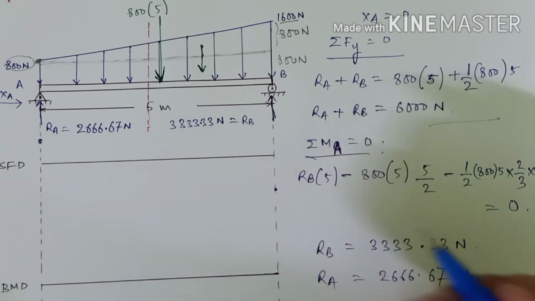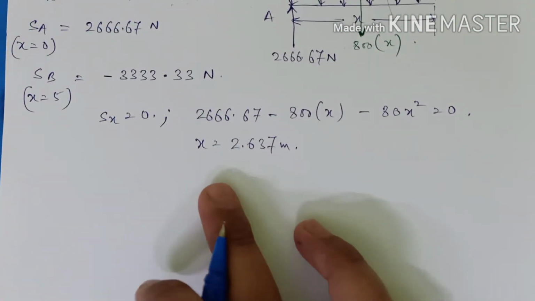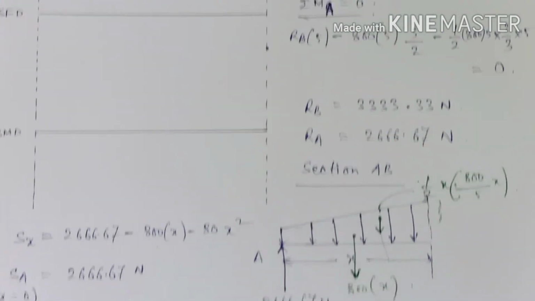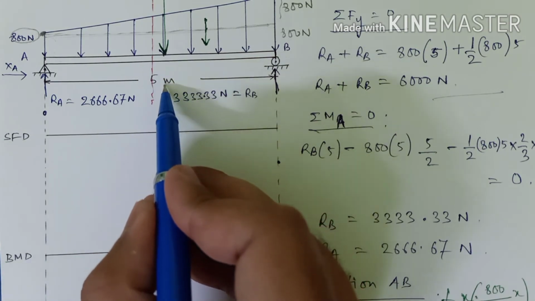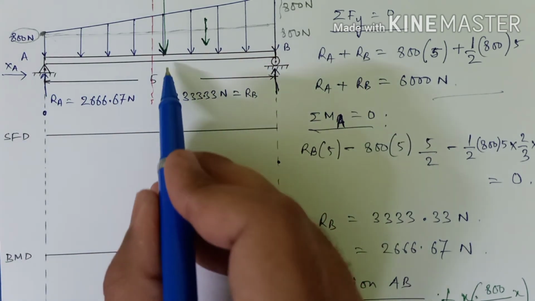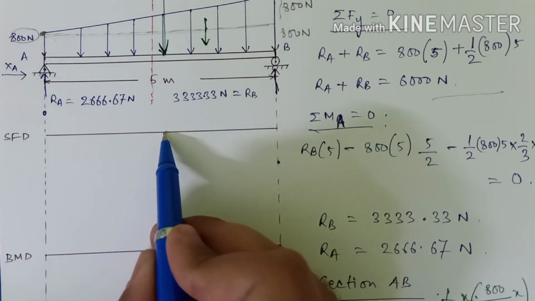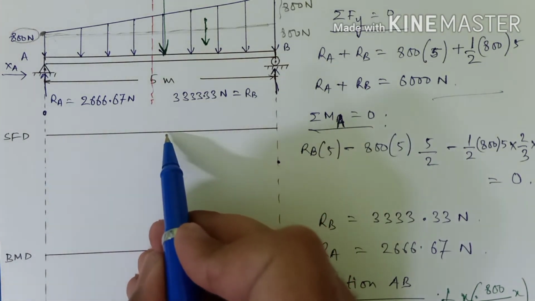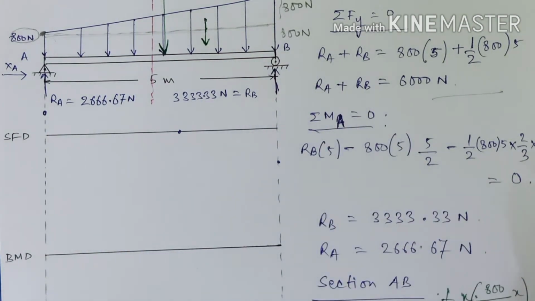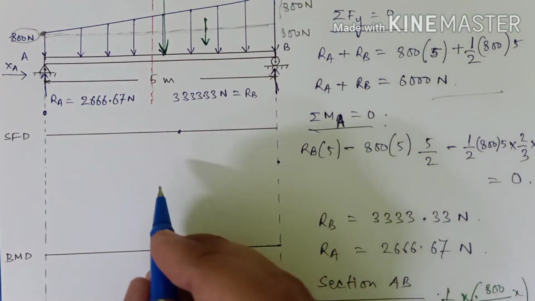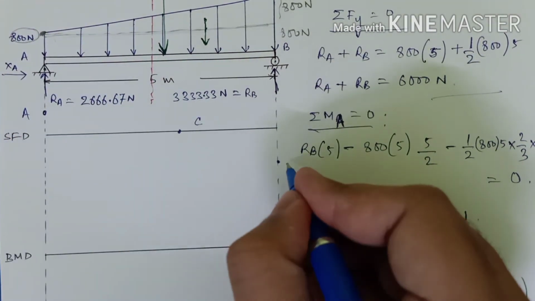At x equals 2.637 from the origin, the value of shear force becomes 0. This is 5, so before this will be 2.5, and x equals 2.63 will be somewhere here. Here the shear force is 0, so let us consider this point to be my point C. This is my point A, this is my point B.